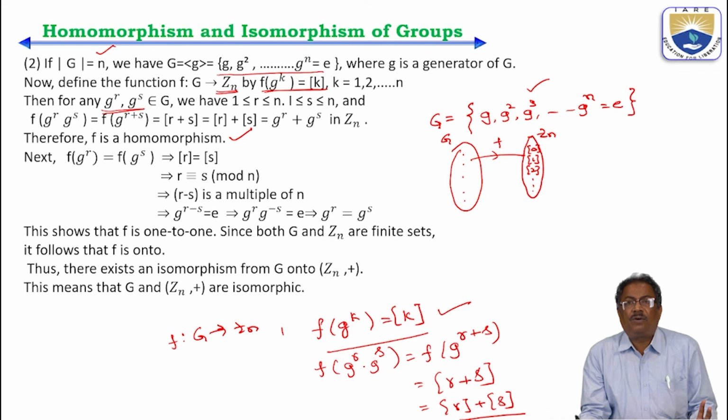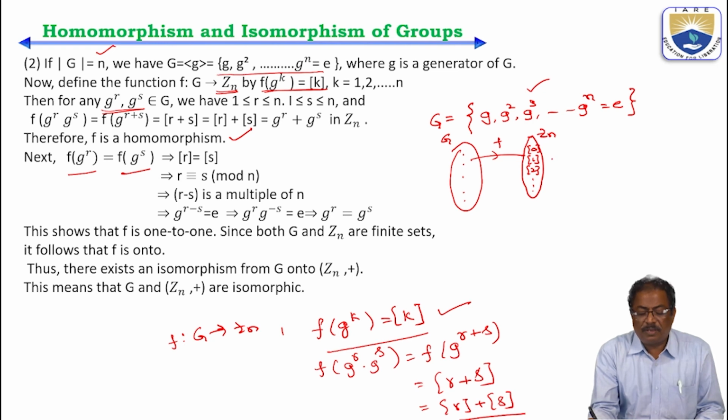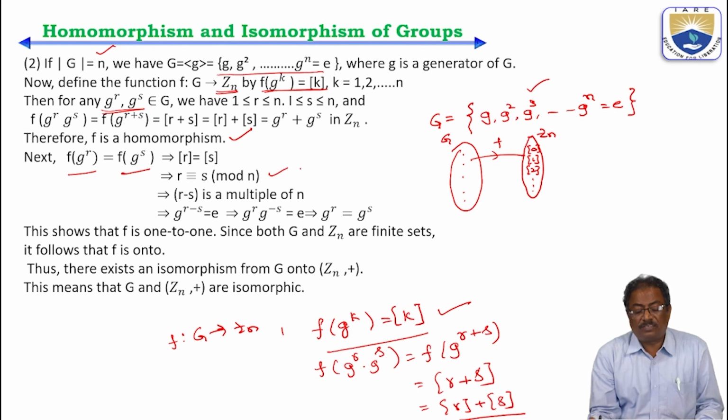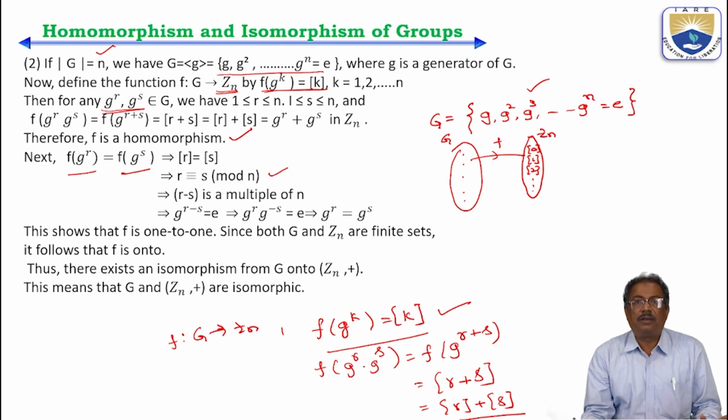Now the one-oneness we are going to prove. We take the images to be the same: f of G power R, the class of R, is equal to the class of S. So R is congruent to S modulo n. So R minus S is divisible by n, or R minus S is a multiple of n.